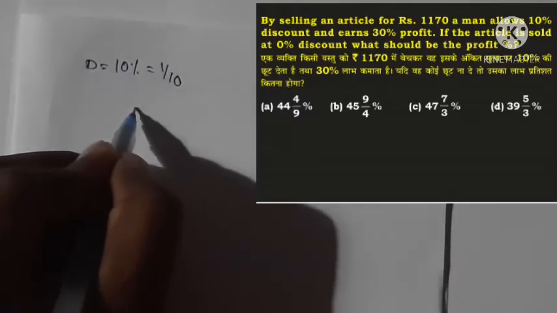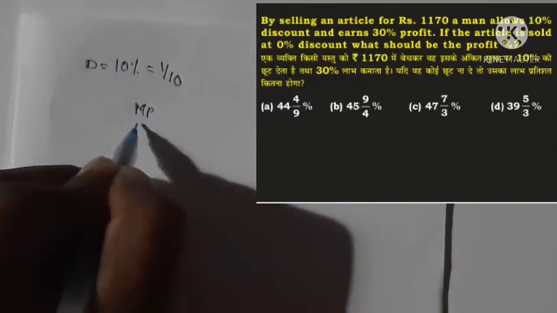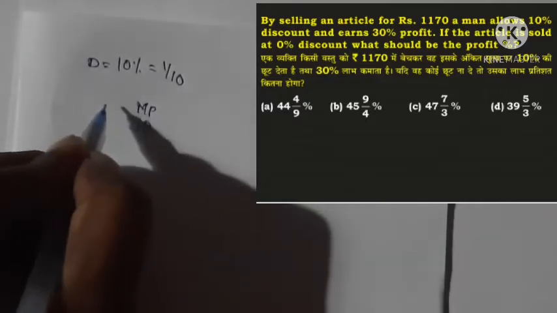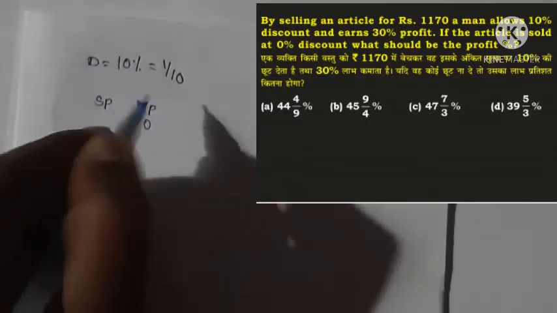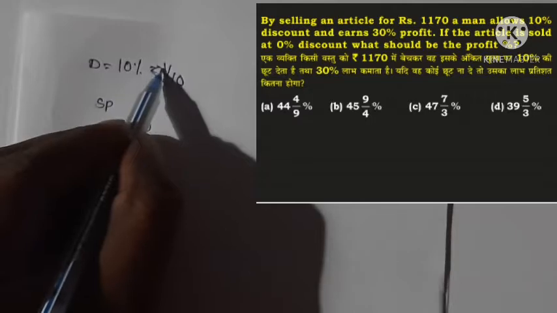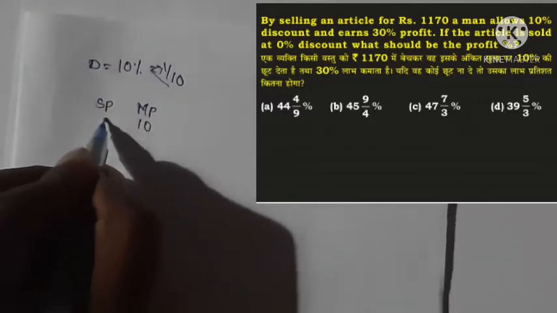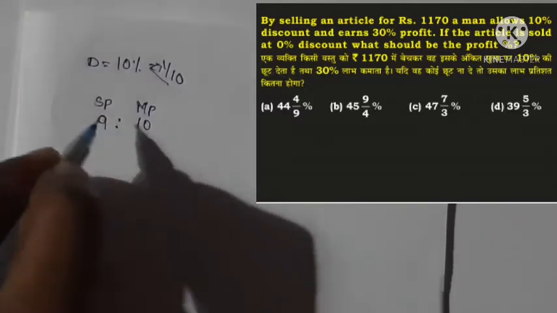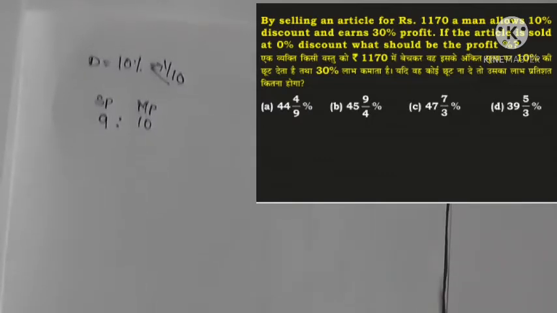If the mark price is 10, the selling price is a discount of 1, so 10 minus 1, the selling price is 9. So selling price and mark price are in the ratio of 9:10.